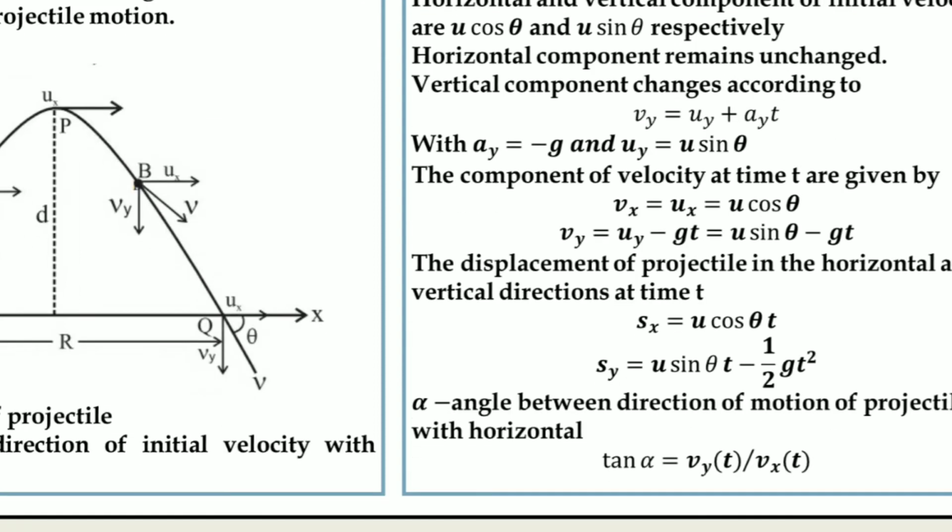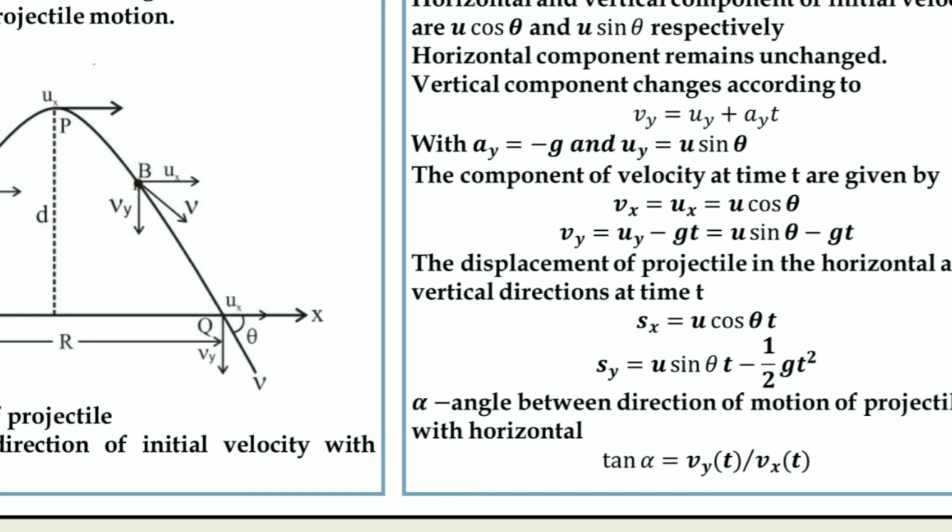Now we are going to calculate displacement. The displacement of the projectile in the horizontal and vertical directions at time t is Sx is equal to u cos theta t. As I have told you earlier, velocity is equal to displacement upon time, then displacement is equal to velocity into time.